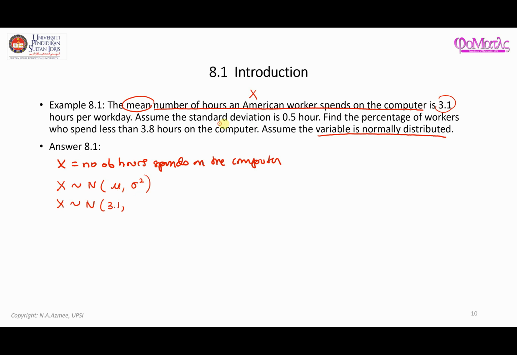And it says here the standard deviation of x is 0.5 hour, which means it is 0.5 and you square it, then you get the variance. Here is sigma squared, here is the variance. So if the standard deviation is 0.5, and this position represents variance, therefore 0.5 has to be squared. So this is the information given in the example here.